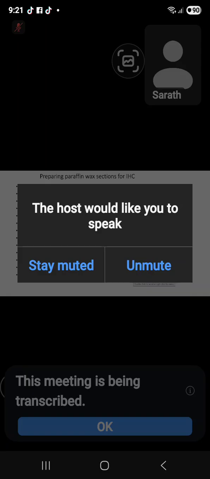Then after that, perform the required antigen retrieval. Antigen retrieval means, when you do the formalin fixation, the formalin covers the epitopes of the antigen. Antigen epitopes are covered, it is called masking. The masking should be removed, otherwise the antibody cannot come and contact the antigen.